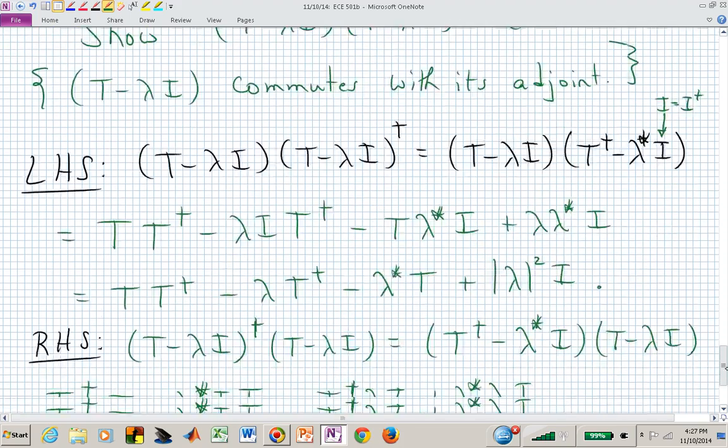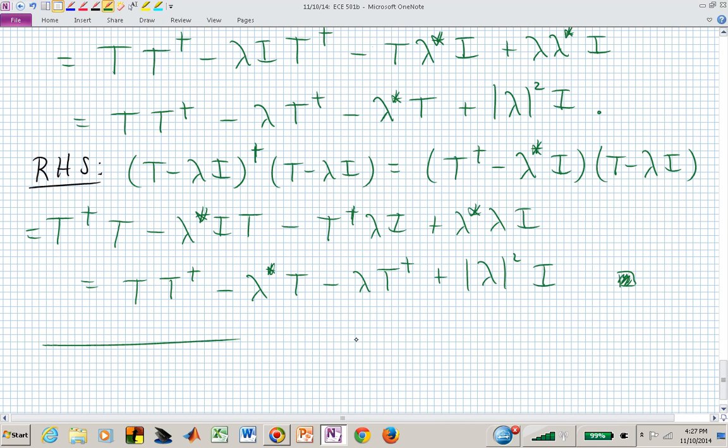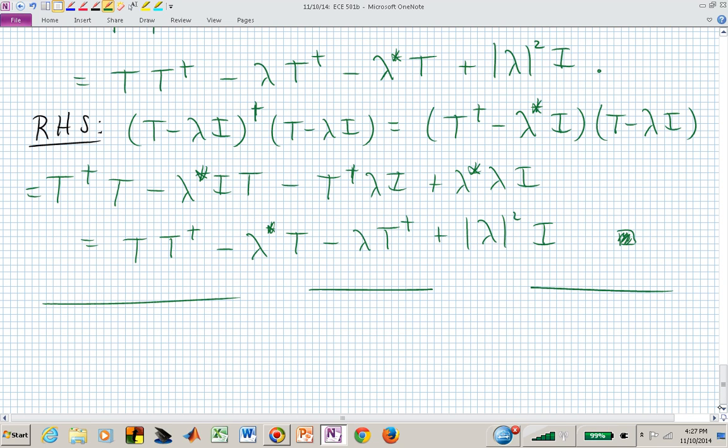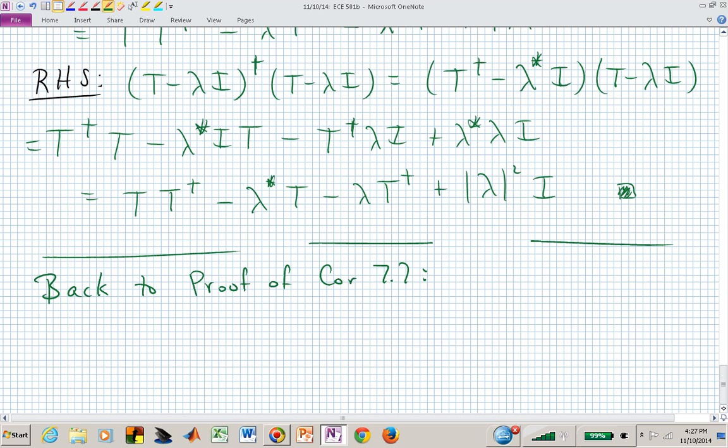So now let me say that we have finished up our aside, and we are now ready to go back to the proof of Corollary 7.7. So now we can say that T minus lambda I is normal.